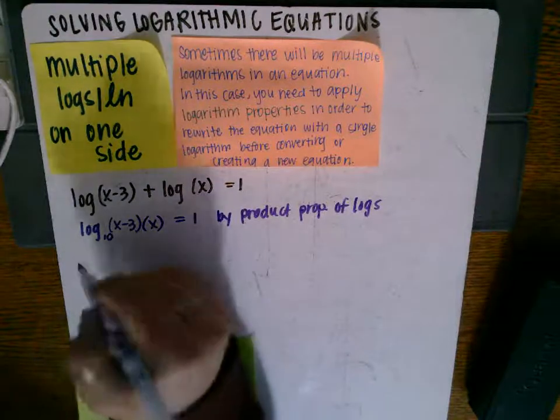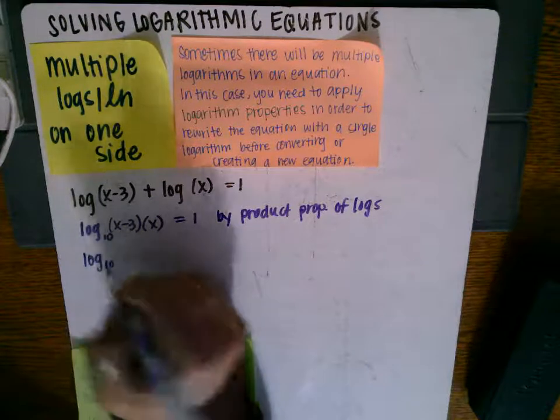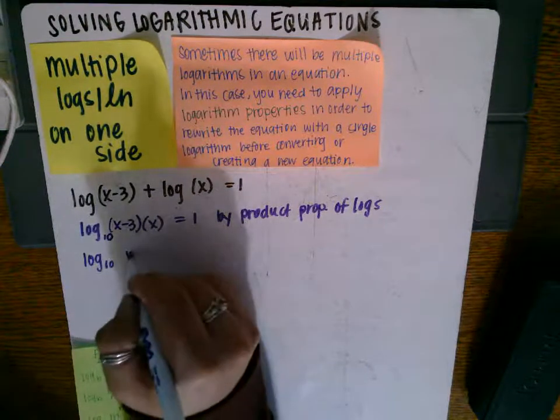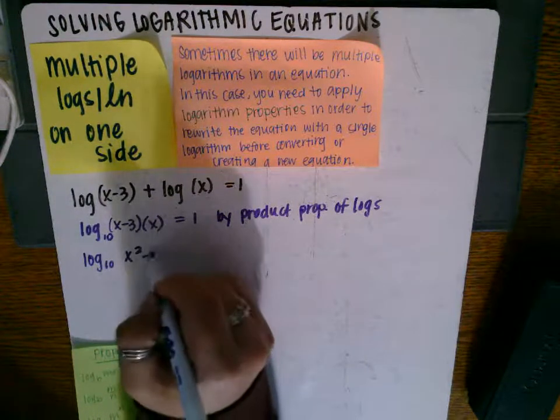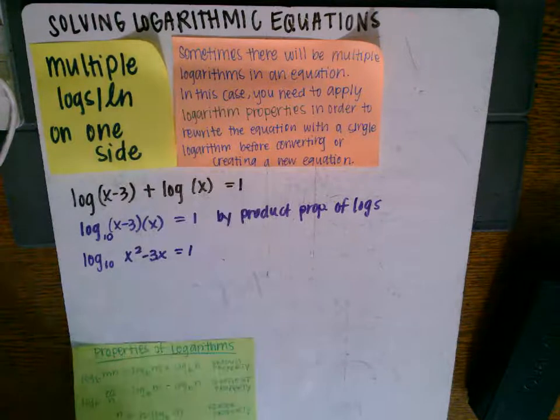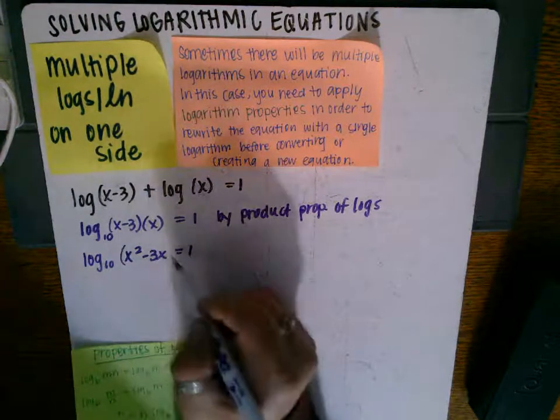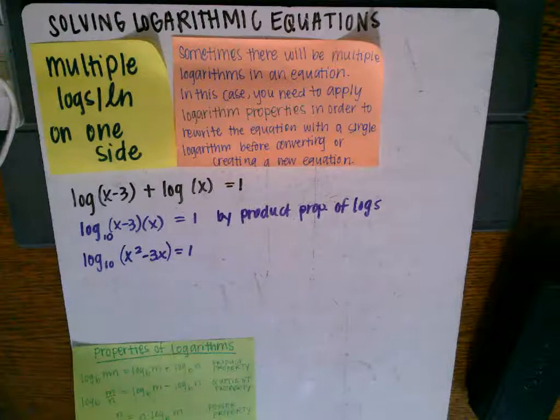And I'm just going to rewrite this as log base 10 of x times x is x squared, negative 3 times x is negative 3x. And I'm going to write it in a set of parentheses so I don't forget to distribute.